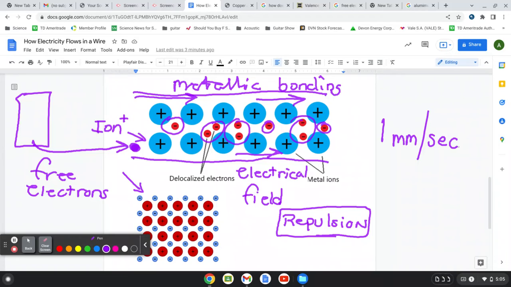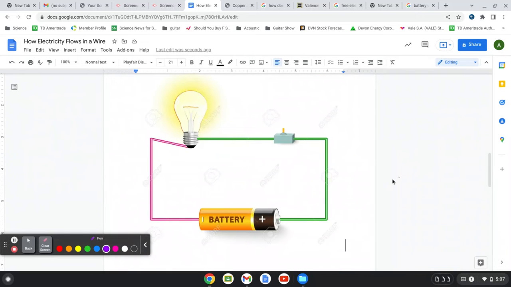So let's go back to the diagram with the battery. So again, the flow is going this way. Remember the flow, the electrons are moving from the negative terminal into our resistor. There's another switch. This is, by the way, a simple circuit.